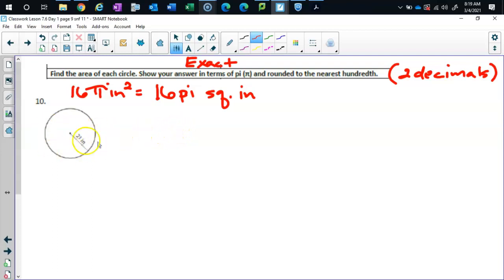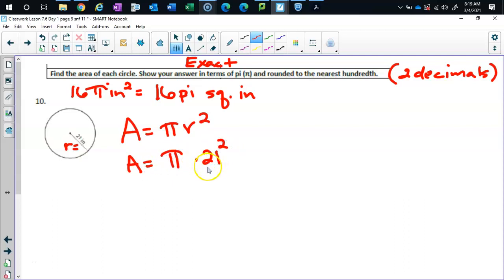All right, well, what you should have done is this. Area of a circle is pi r squared. We get that from our formula sheet. Now, this is the radius. Radius is 21. So, area is pi, leave pi as pi, times 21 squared. Now, you are going to punch 21 squared into your calculator, and you are going to get 441 pi.